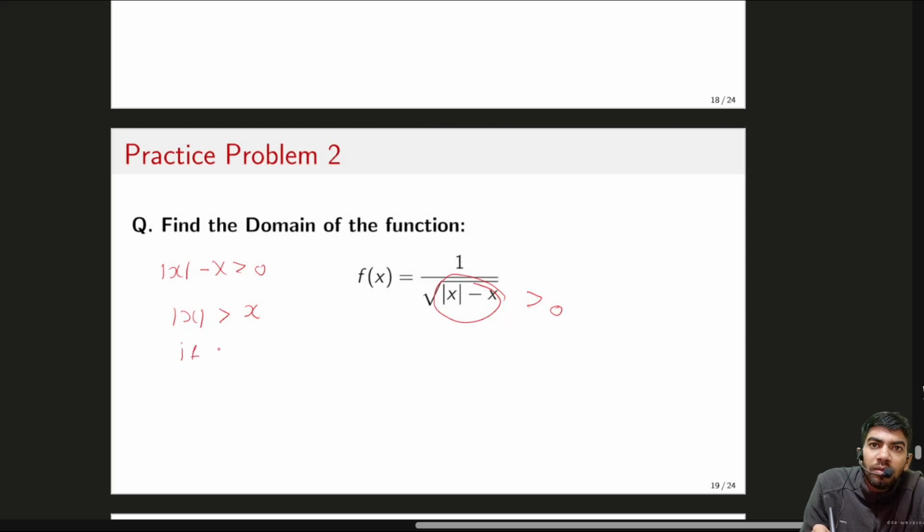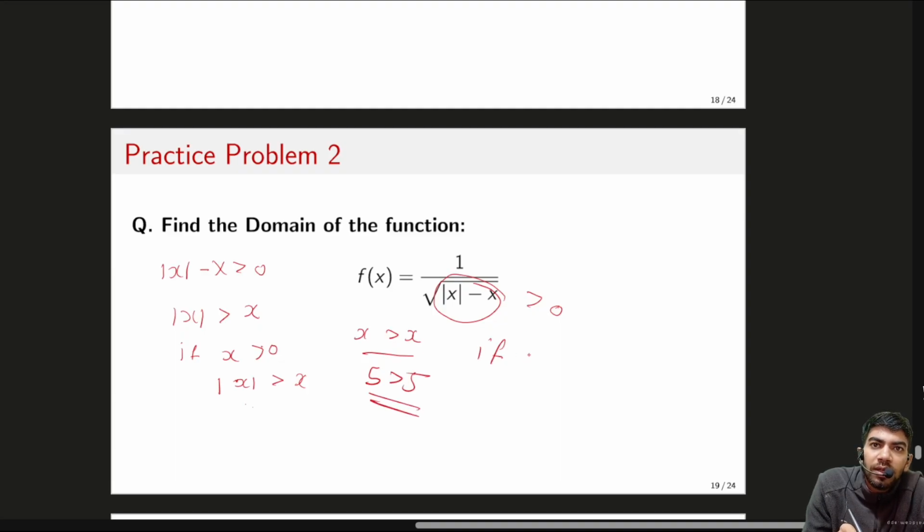If my x is greater than or equal to 0, then mod x is x, so x is greater than x. This is a contradiction, because 5 greater than 5 does not hold.